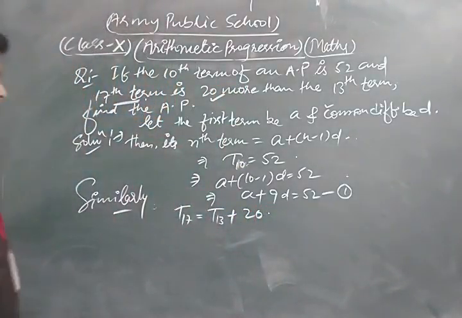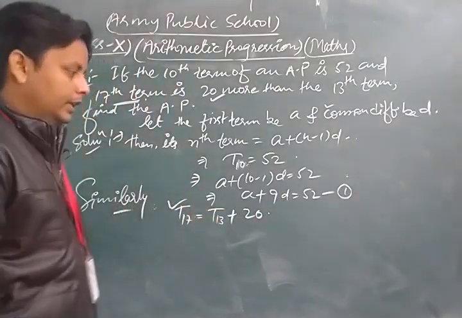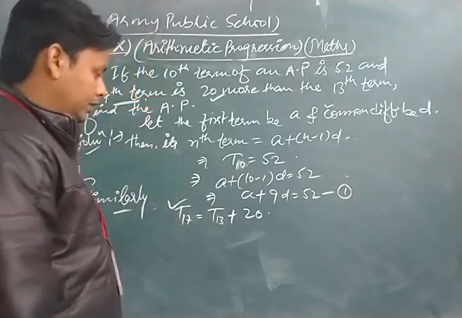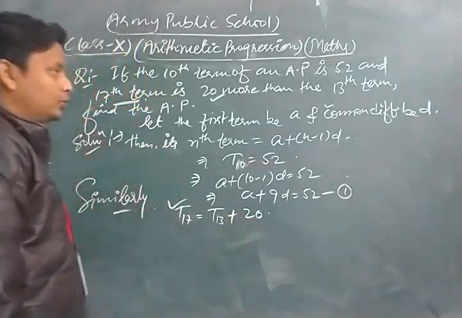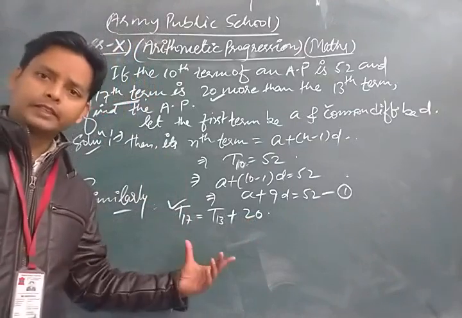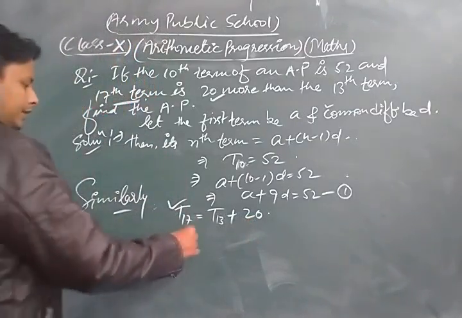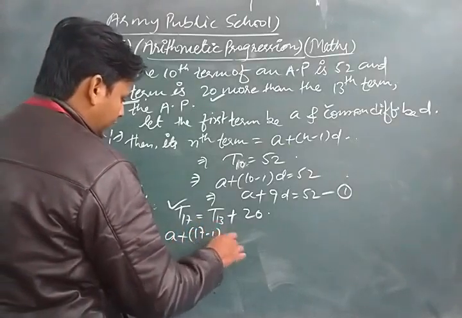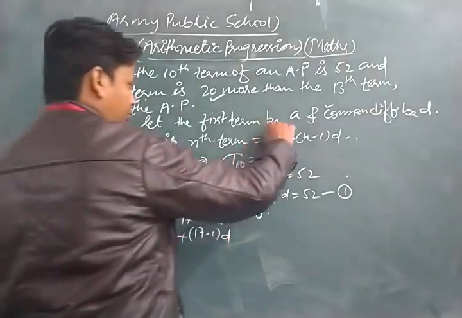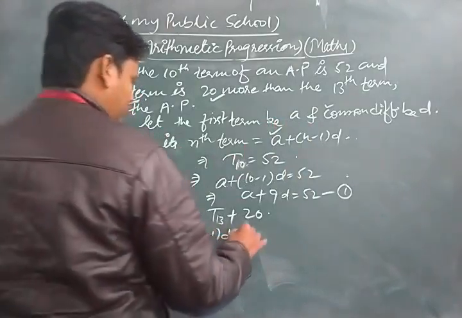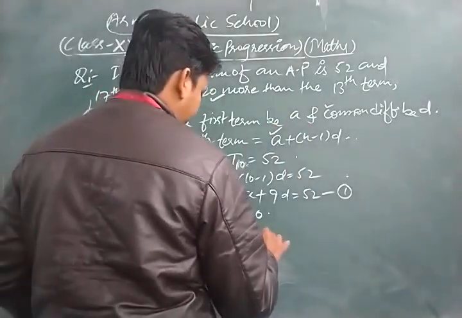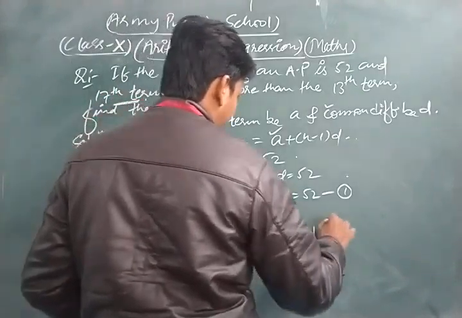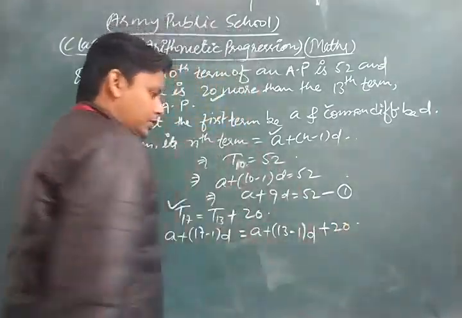Now we apply that condition. The 17th term is A plus (17 minus 1) into D, according to the formula, which is equal to the 13th term, A plus 12D, plus 20.